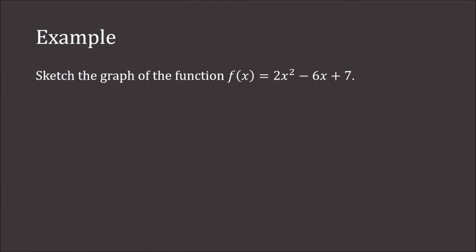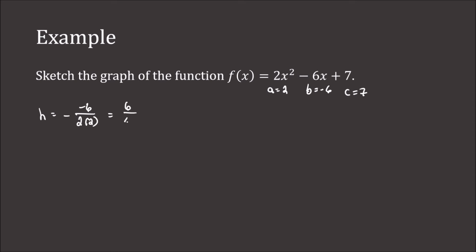So now let's sketch the graph of 2x squared minus 6x plus 7. So let's first note that a is 2, b is negative 6, and c is 7. So to find h, remember it is negative b over 2a, so we get negative 6 over 2 times 2.